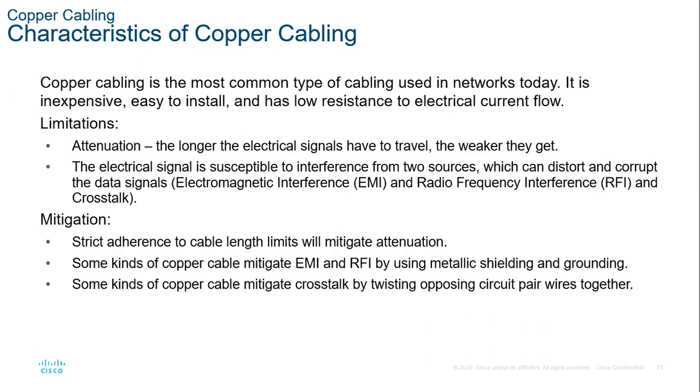Mitigation: strict adherence to cable length limits will mitigate attenuation. Some kinds of copper cable mitigate EMI and RFI by using metallic shielding and grounding. Some kinds of copper cable mitigate crosstalk by twisting opposing circuit pair wires together.